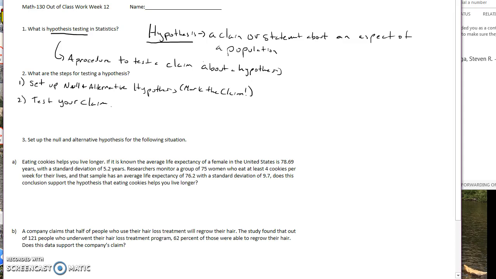Then we're going to test our claim and find a p-value. Then we're going to decide, do we reject or fail to reject the null hypothesis? And then finally, we will state our conclusion.